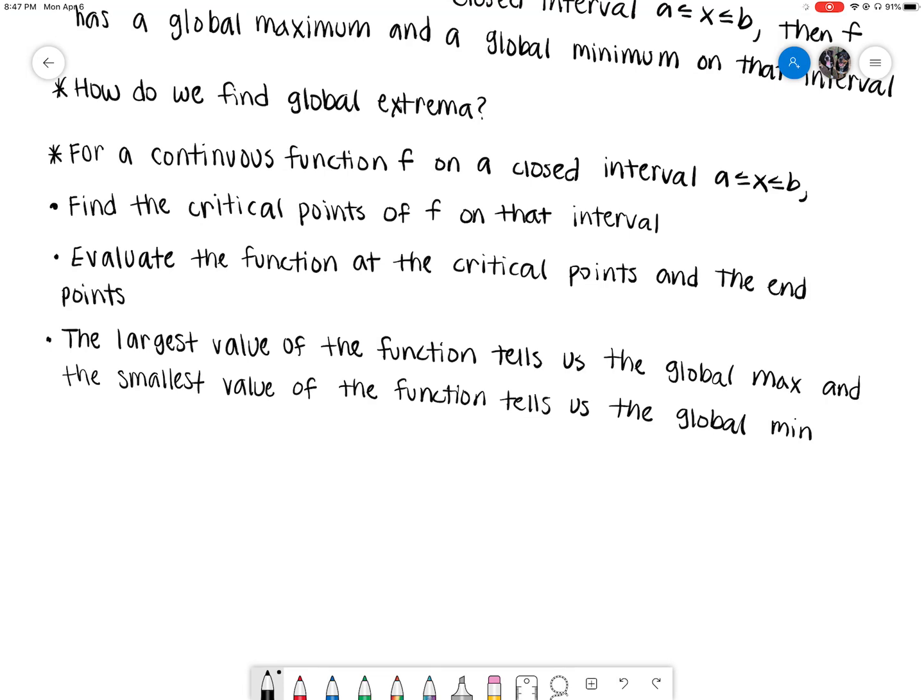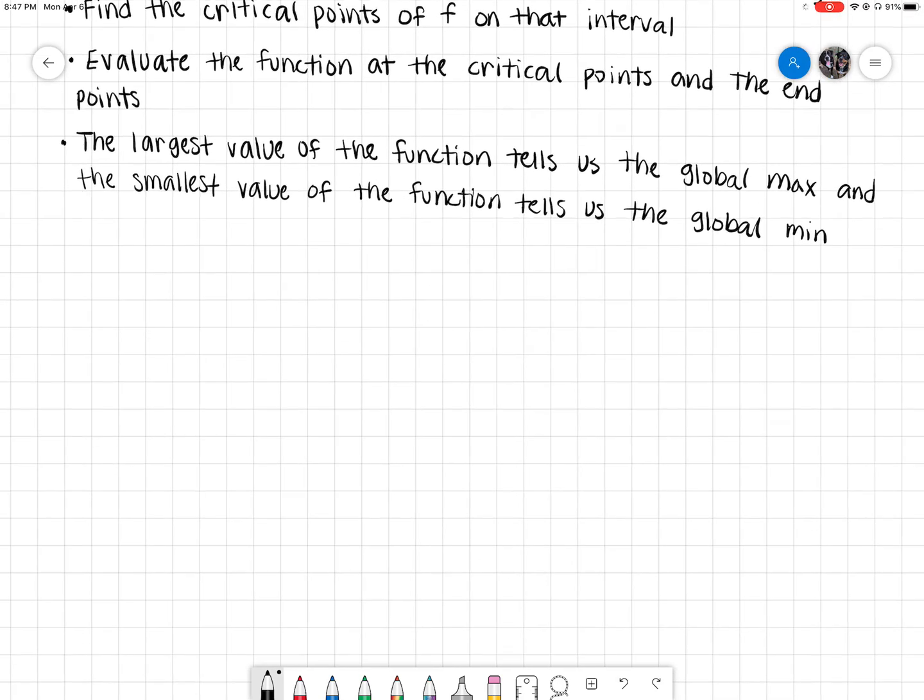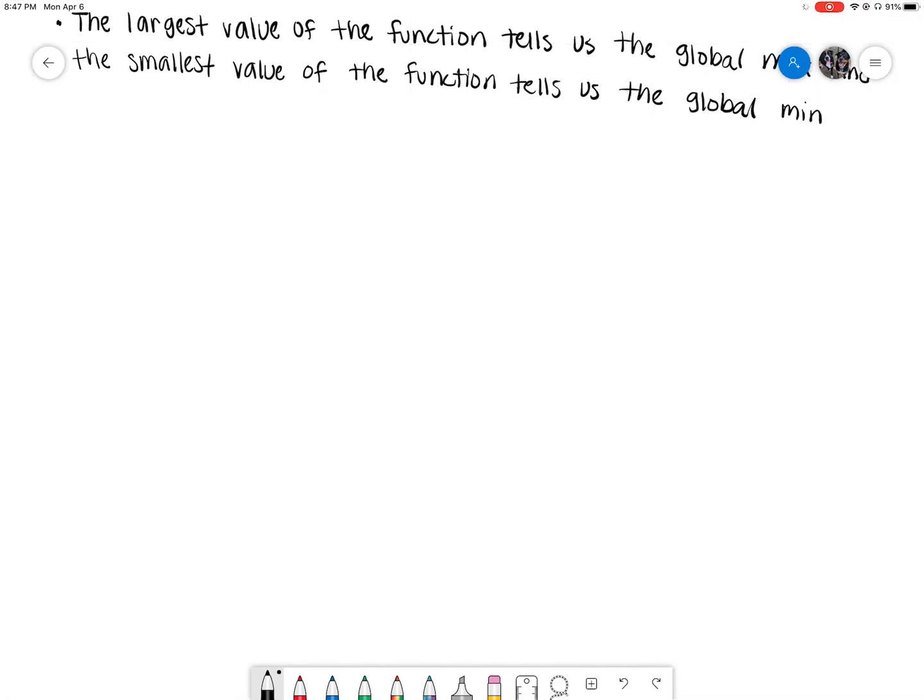So find the critical points, evaluate the function at the critical points and at the endpoints, and see what was the largest and smallest number that you found. We'll do an example of that to put that together.